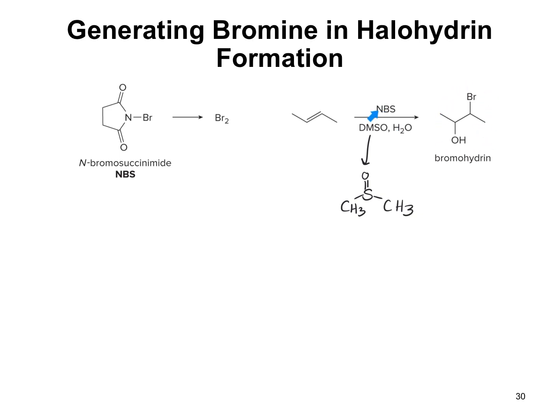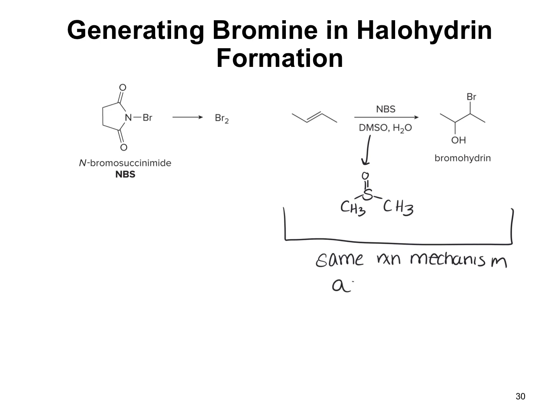What happens here is NBS, in water, will decompose to give that Br2, which then goes on to form the bromohydrin using the exact same reaction mechanism. So this is the same reaction mechanism as the previous slide.